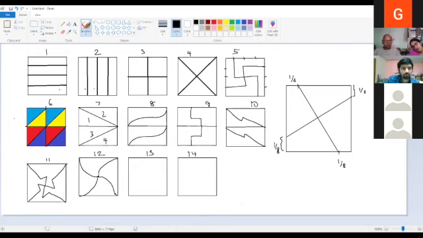If you draw parallel and perpendicular like this, you definitely get a square. You are talking about this square, which I'm drawing. Yes, sir. Exactly. So from this square, how can we say?